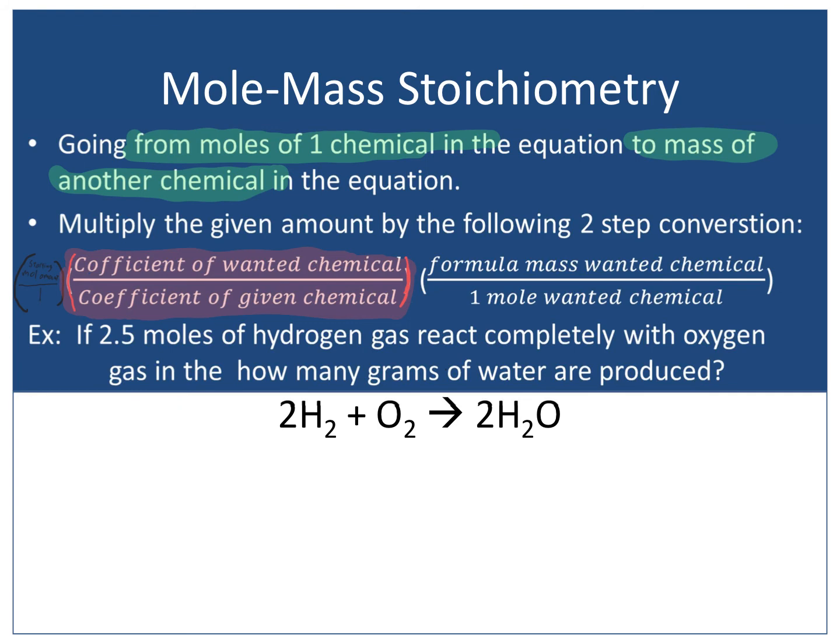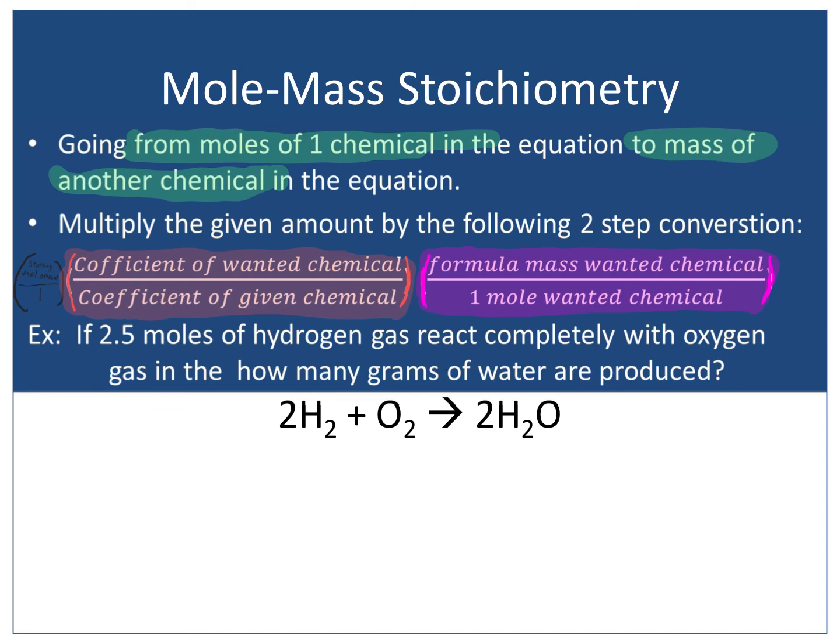And then my second part is now I got to convert from moles into mass of my new chemical, my wanted chemical. To do that, I'm going to remember that the formula mass is equal to 1 mole, so I got to put the formula mass in grams over 1 mole. And that's going to be my pinky purple step going forward.